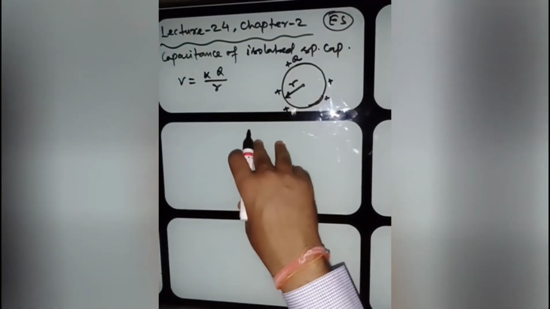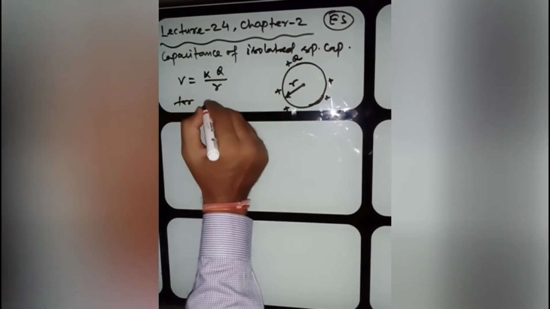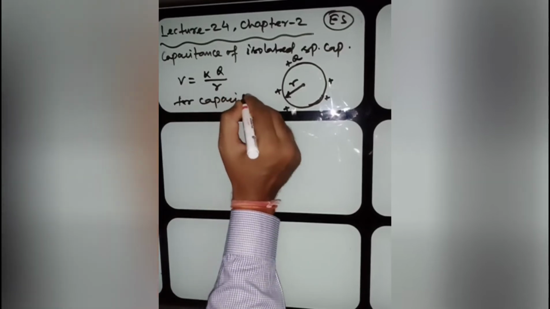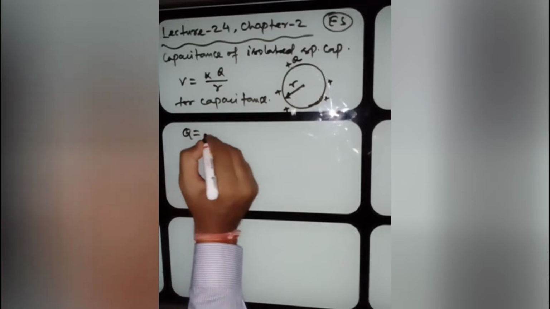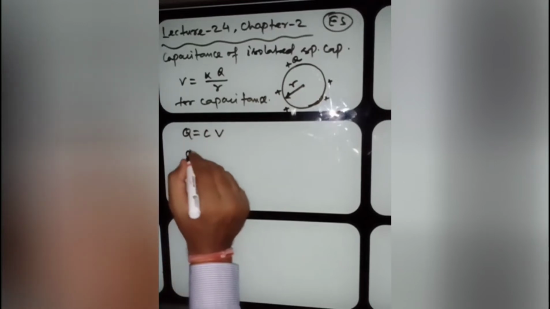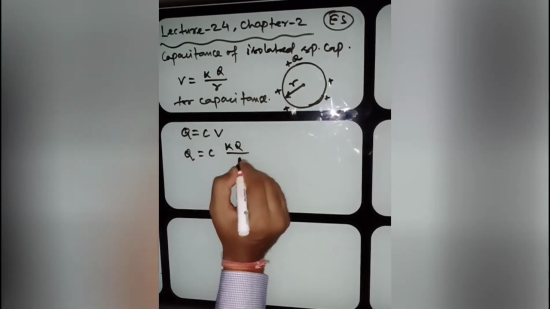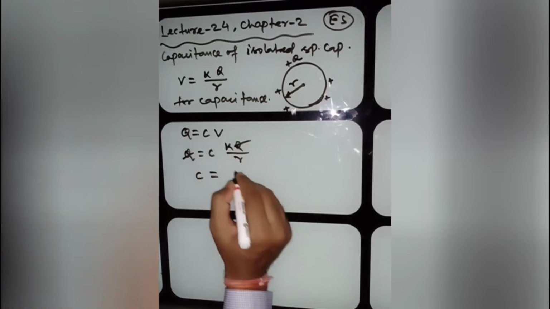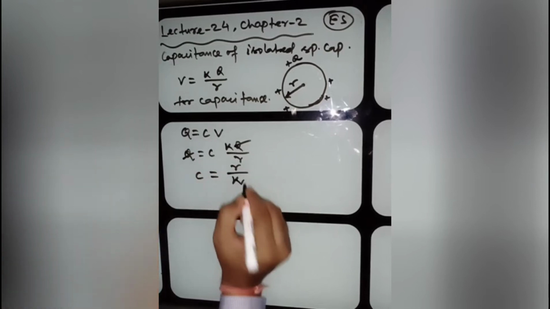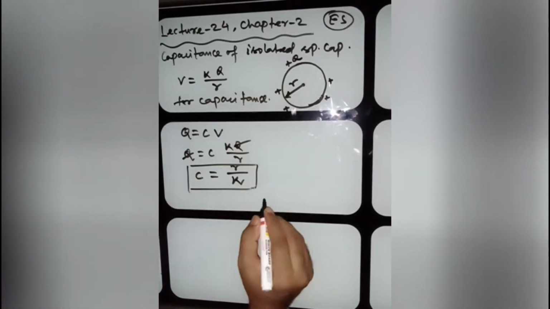Now to find the capacitance, we know Q equals C times V. Already we have calculated V as KQ by R, and the Q will be cancelled out. So C is equal to R by K, and this is the capacitance of an isolated spherical capacitor.